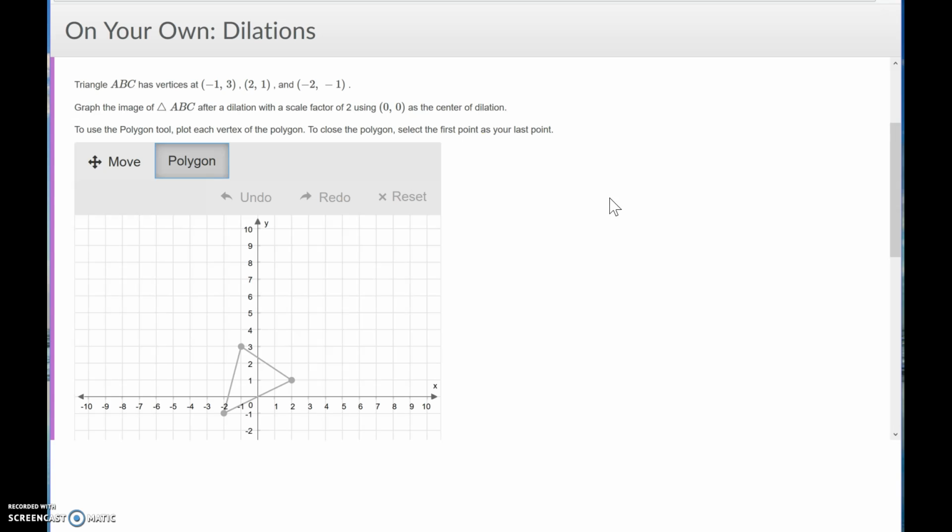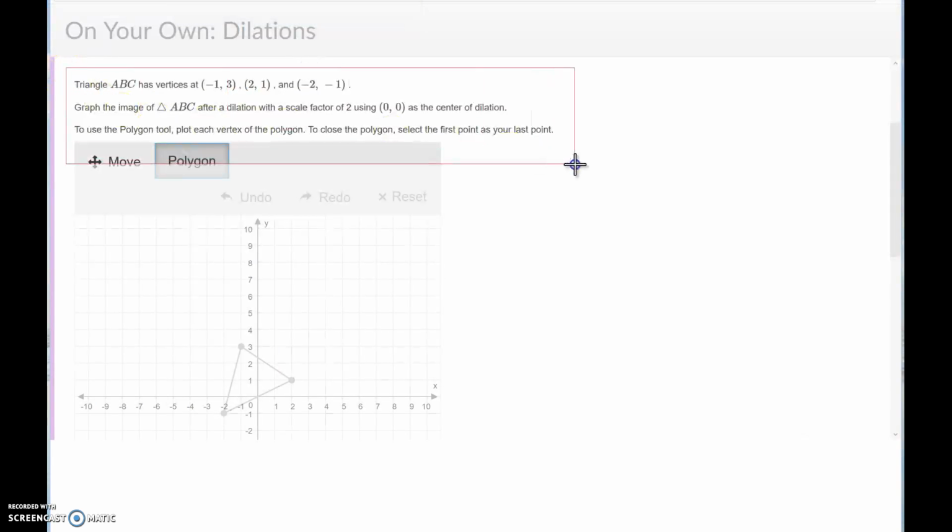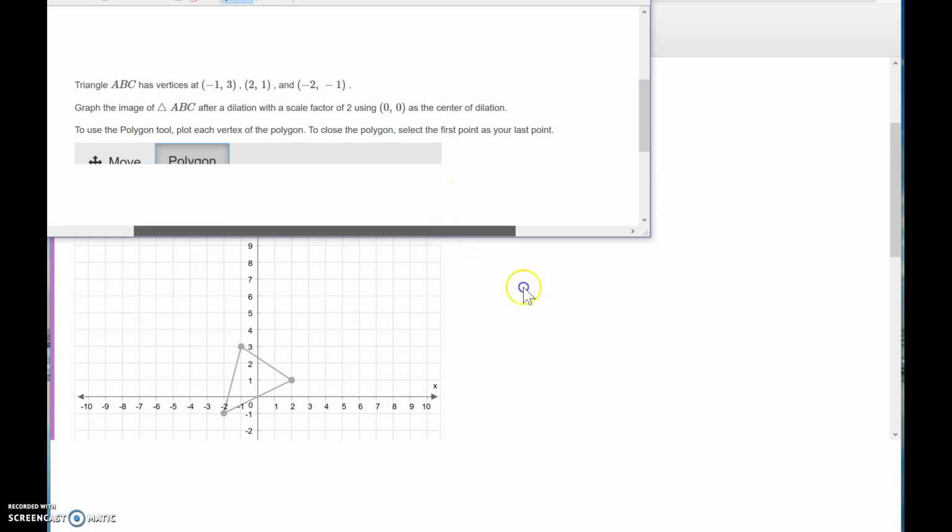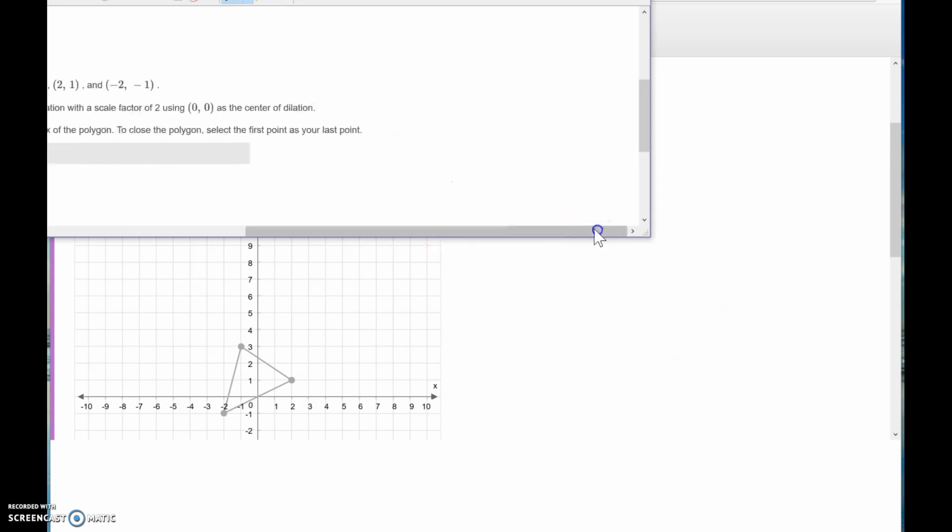All right, so this one we're going to take a snip so we have more coordinates. We're going to keep track of what we're doing to find our new coordinates.